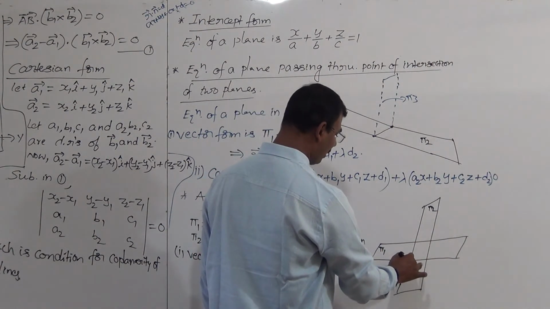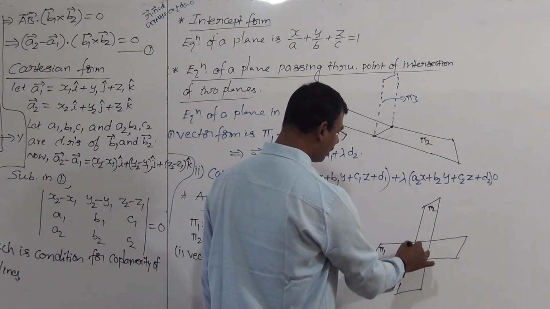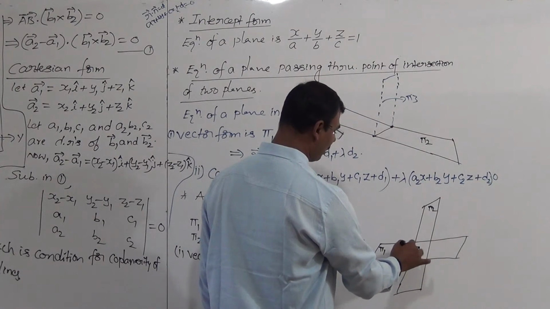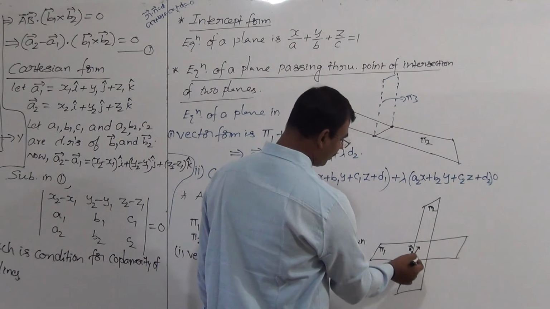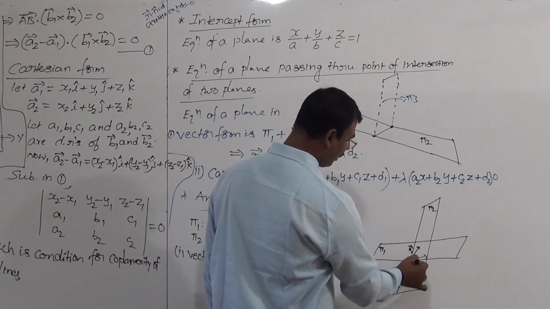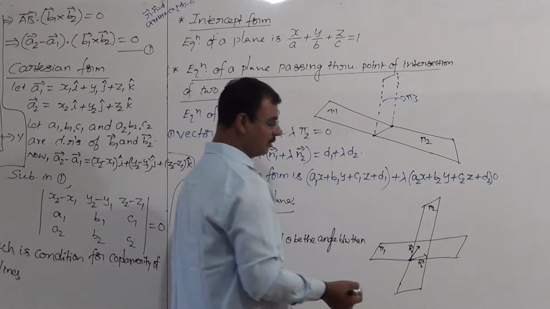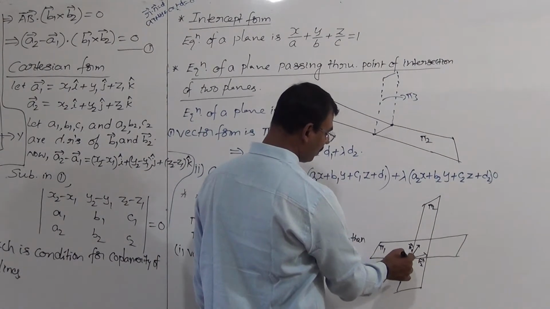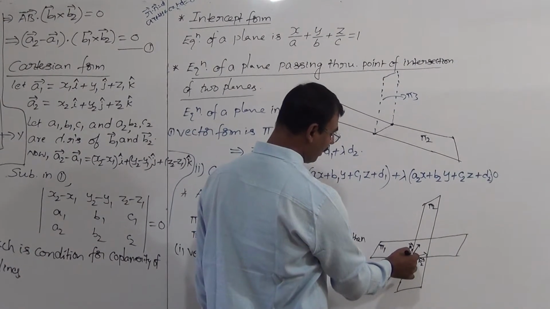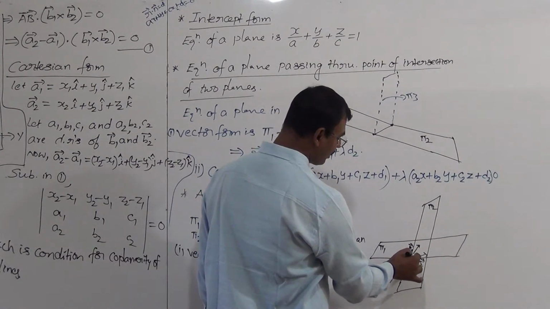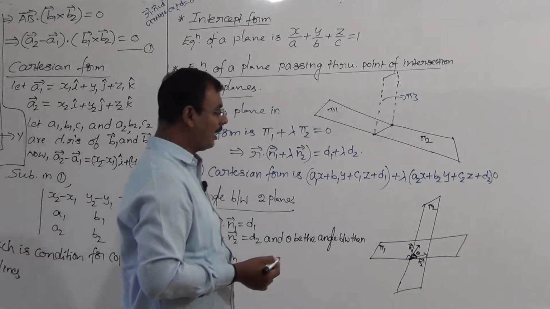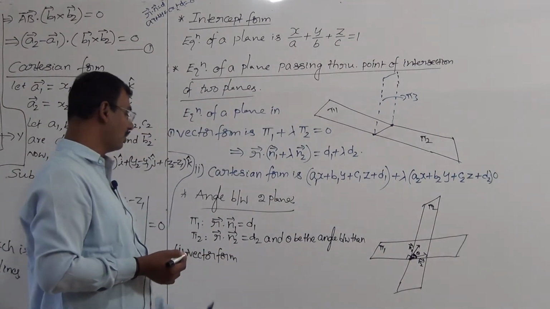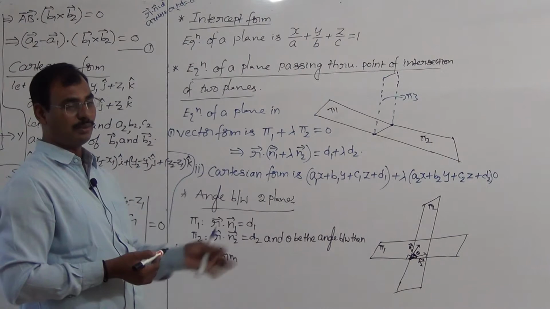This is the normal vector to the first plane, n1 bar, and for this plane, this is n2 bar, the normal vector to the second plane. These are perpendicular to plane 1 and plane 2 respectively. So the angle between the two normals is equal to the angle between the two planes, remember.